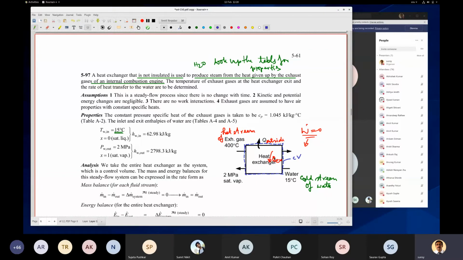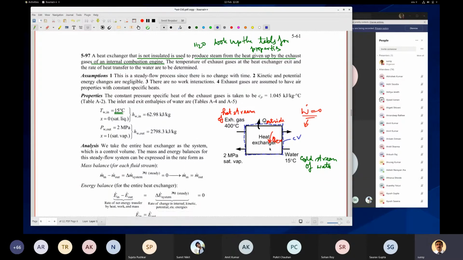We need not bother about what is happening inside unless we want to know the exchange. We are only bothered about the exchange with the environment. If this input is given, this input is given, and this input is given, three are given, and it is steady state, steady flow, then the enthalpy here can be found from the energy balance.